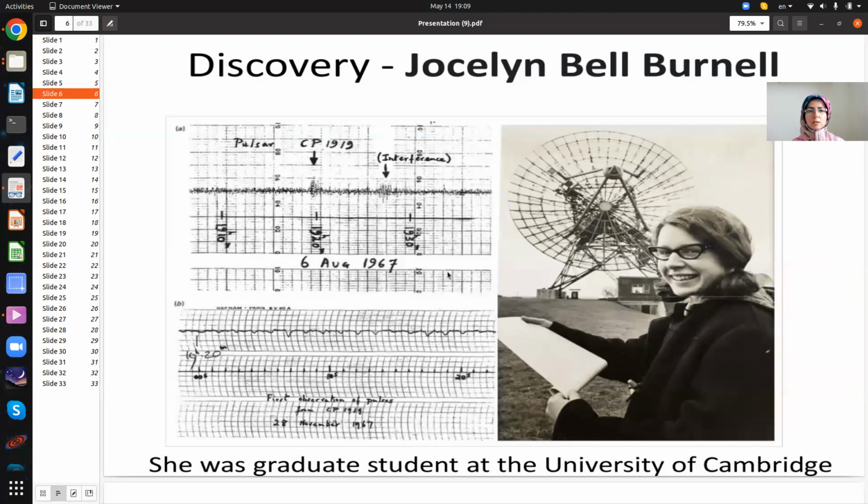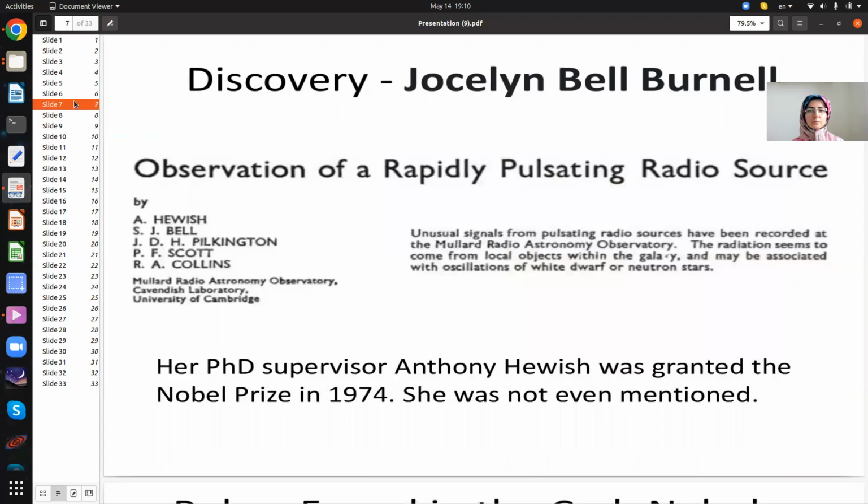Here is Jocelyn. Unfortunately, 7 years after that, her supervisor Anthony Hewish was granted a Nobel Prize in 1974. She was not even mentioned in the Nobel Prize or anywhere else.